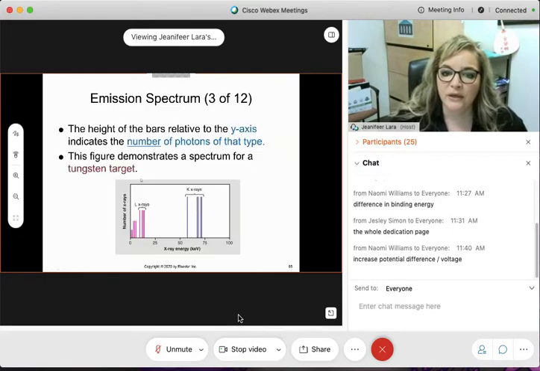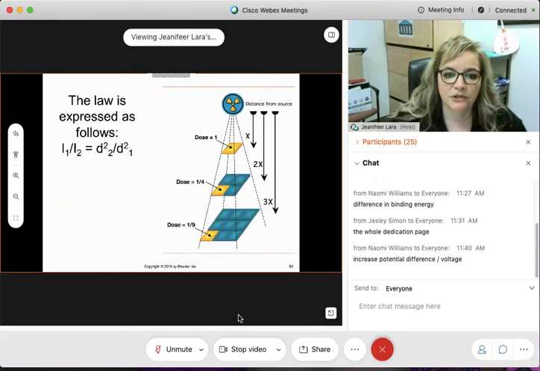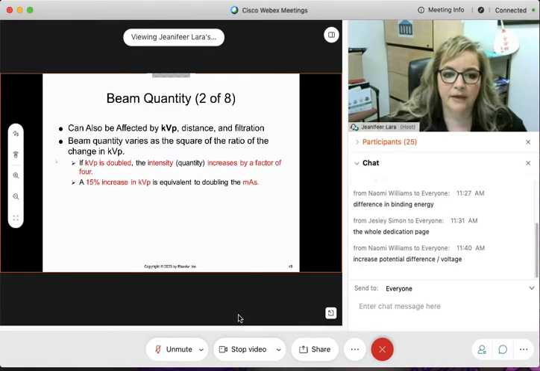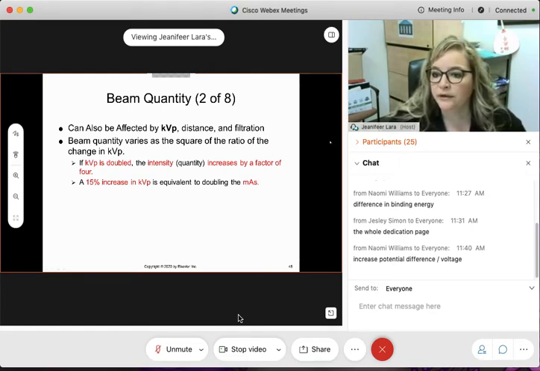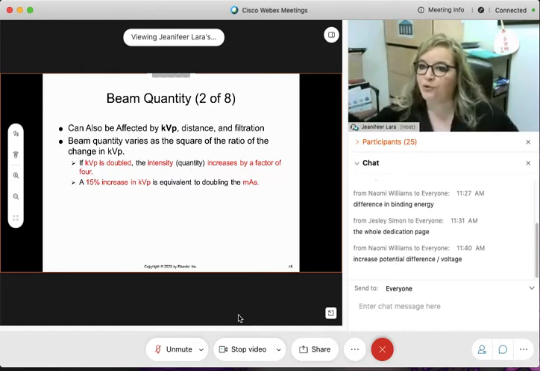So what you're thinking about is this question. If kVp is doubled, the intensity, you're increasing the what by 4? The quantity. So you're doubling the kVp, but the quantity is being quadrupled.